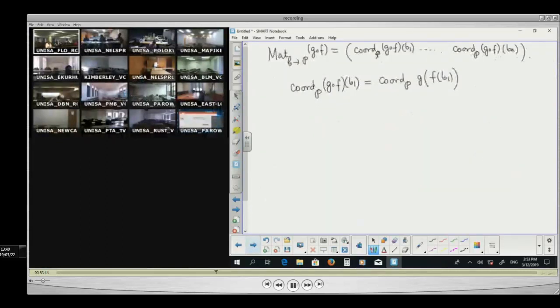So this is the matrix of this times the coordinates of A and F of B. Okay? This, again, what is this?